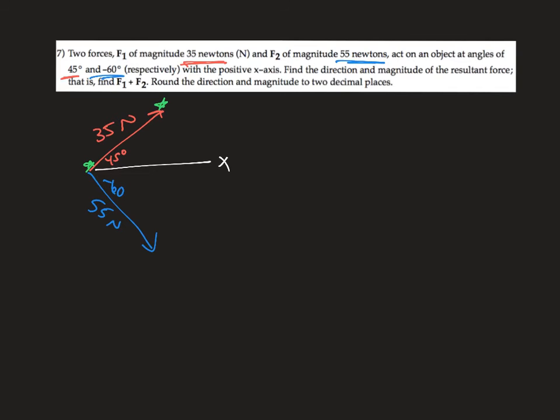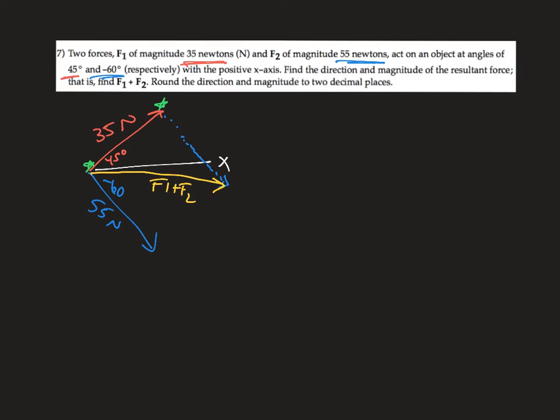When you see it drawn, it would usually be dotted lines. It would be the same direction and same magnitude, so same length and everything like that. And what ends up happening is your resulting vector is right there, F1 plus F2. Okay? So that's what we have to find.